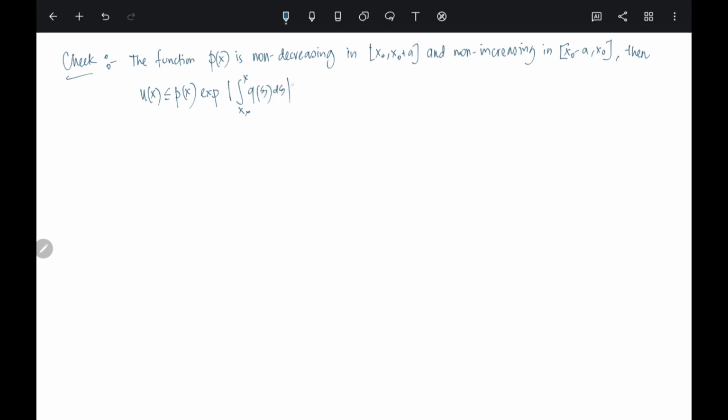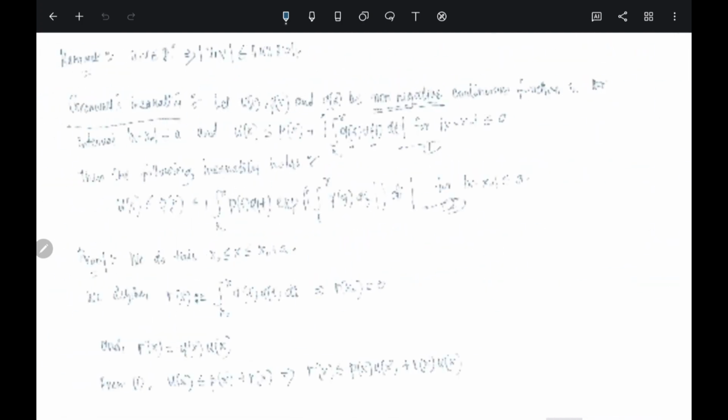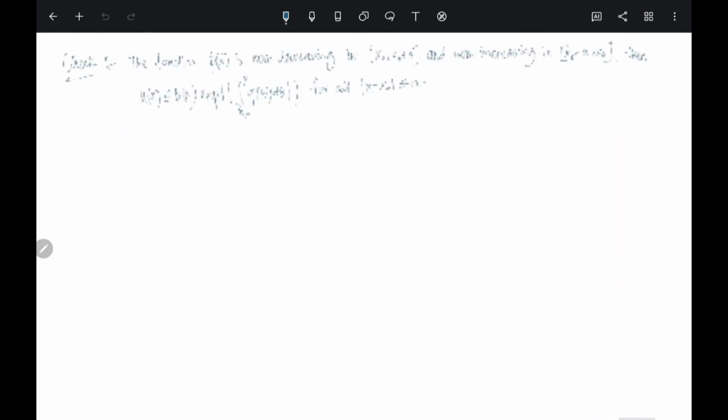So this holds for all x such that the modulus of x minus x naught is less than or equal to a. So I want you guys to check this part. Please do this. This is very easy. You have to just use this Gronwall inequality properly, and you will get the result. It's not very difficult. Exactly the same sort of thing. So with this we are going to end this particular lecture.